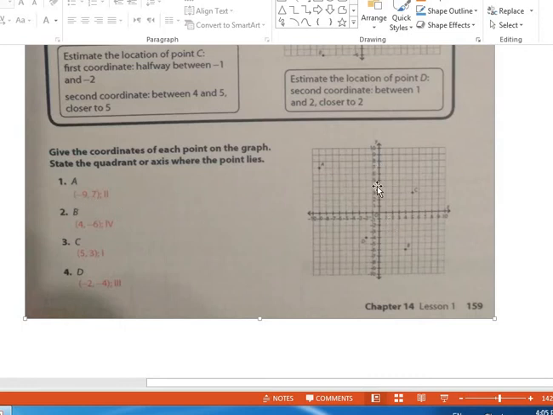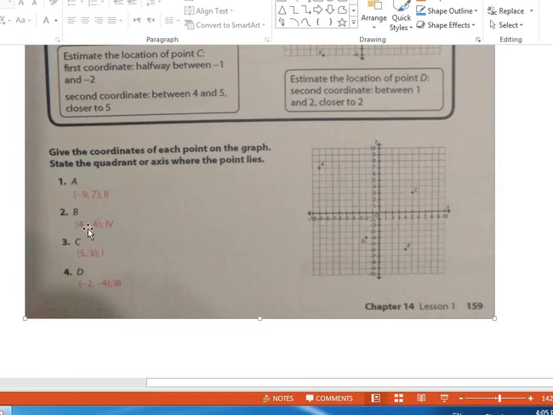In which quadrant is it? I said before, we start with your right hand. This is first, second, third, fourth. So this is the second one. We can write it like this. This is the second here, and this is the fourth, first, third.